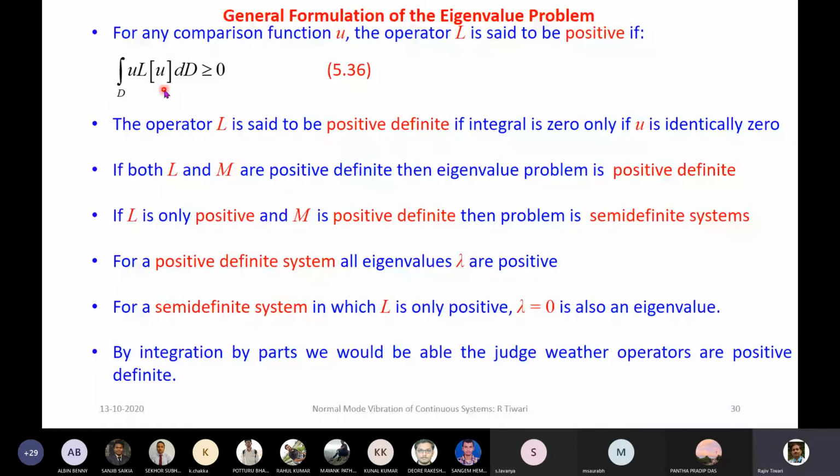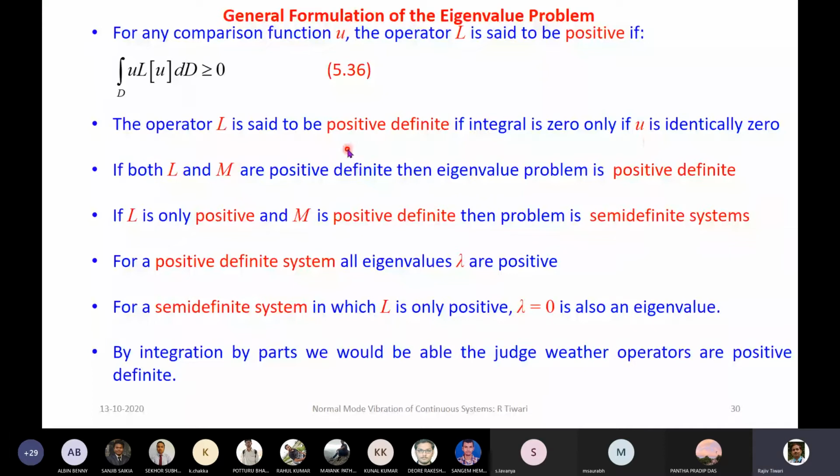That means when there is no displacement taking place, the integral is positive definite. If this integral can be 0 when u is not 0, then this operator will be only positive.